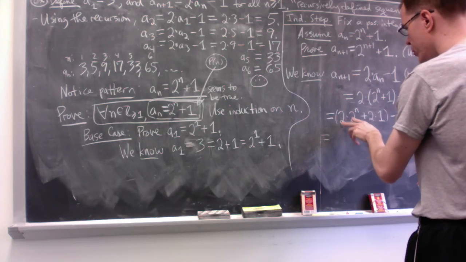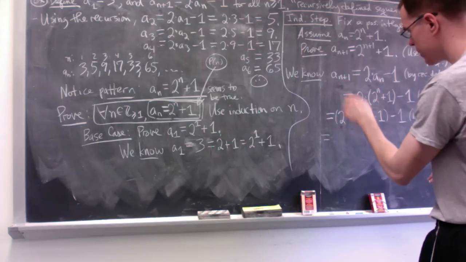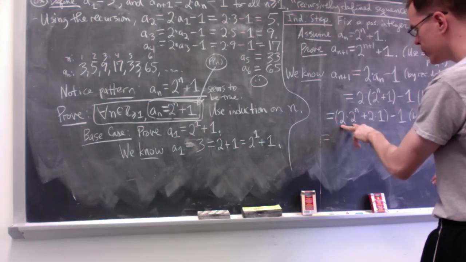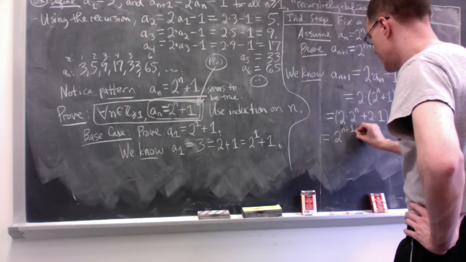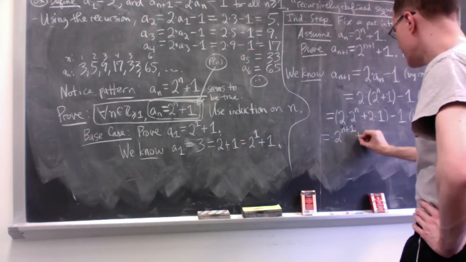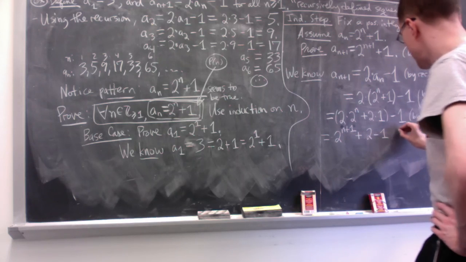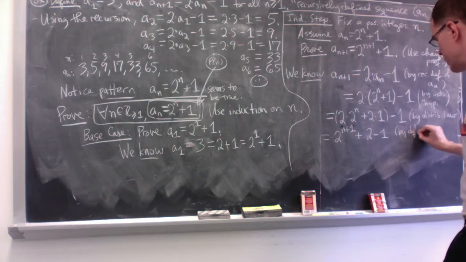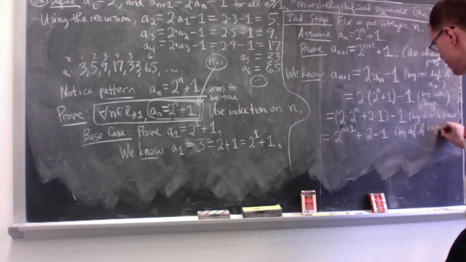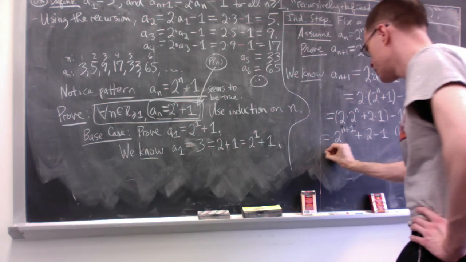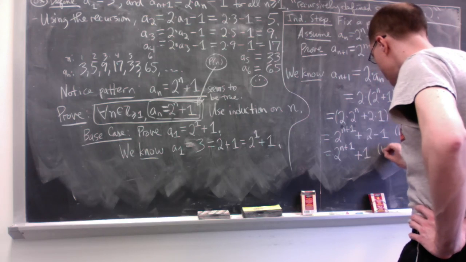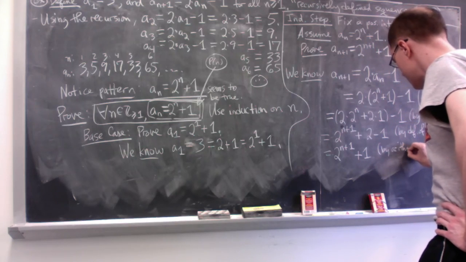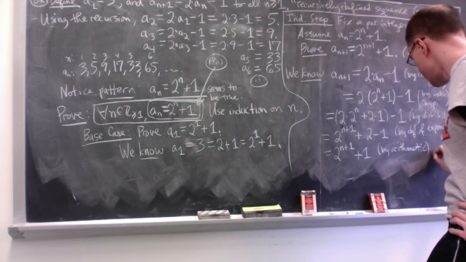If you remember, how do you define x to the n or x to the n plus 1? You see that this is going to turn into a 2 to the n plus 1 by use of that definition. And this is, of course, 2. I'm showing more detail than maybe we really need, but whatever. It's always good to show steps and a little bit of arithmetic here. And a period.